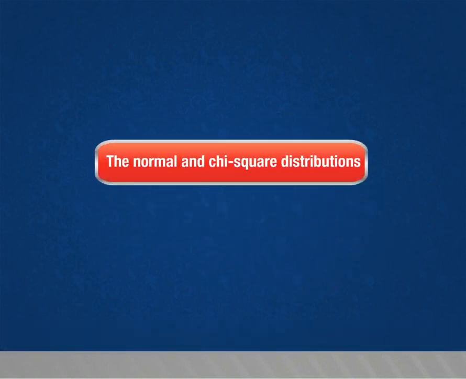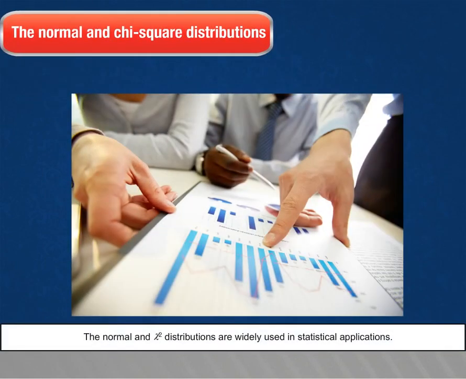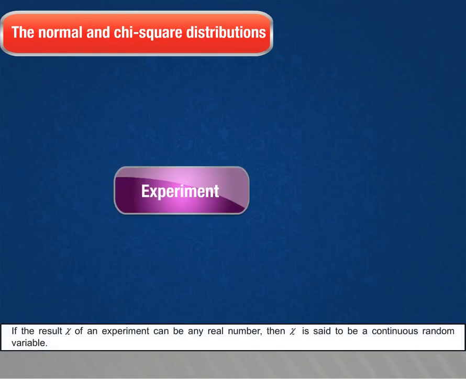The normal and chi-square distributions. The normal and chi-square distributions are widely used in statistical applications. If the result chi of an experiment can be any real number, then chi is said to be a continuous random variable.